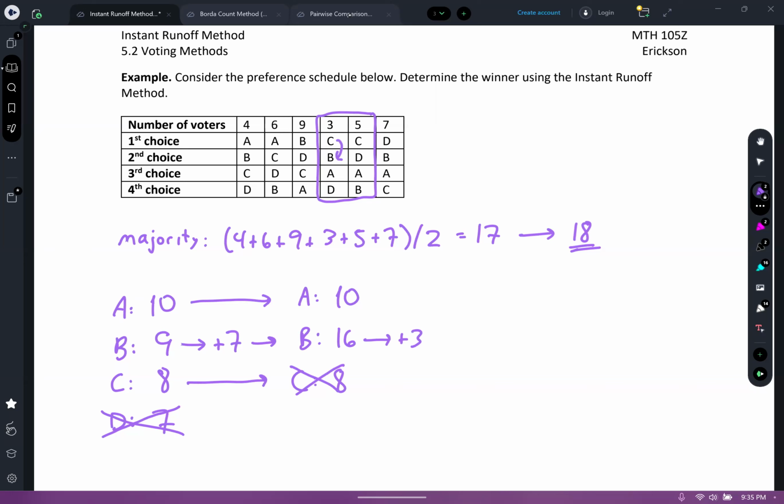And in this column, we have 5 voters ranked C first and ranked D second. Now, D has already been eliminated, so we need to go to their third choice, which is A. And so those 5 votes are going to go to A in the next round.